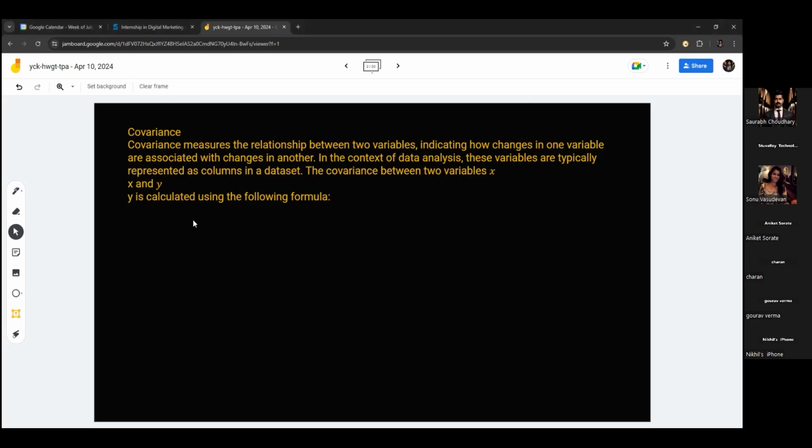Okay, there is a formula to find covariance. Let me show you this formula. This is the formula. I think you cannot see it.